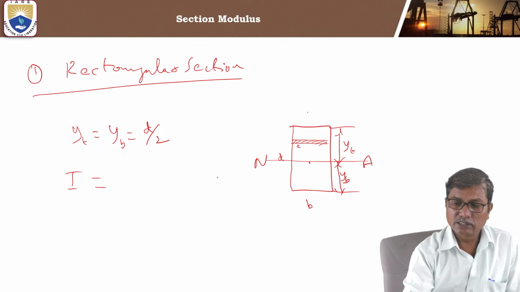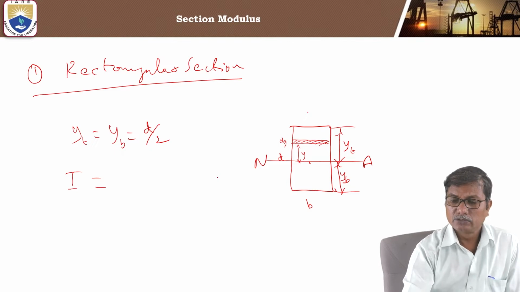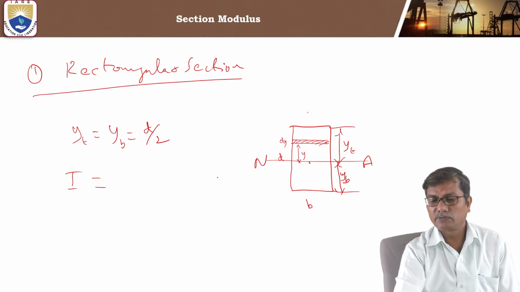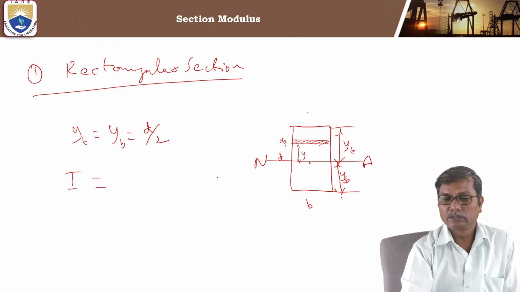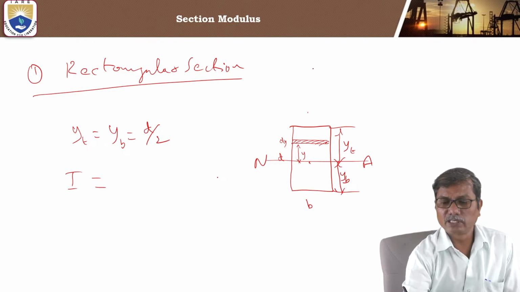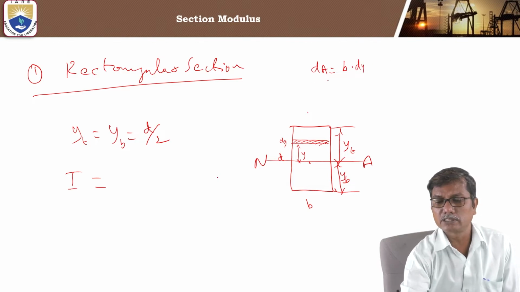For that, we consider an elementary area of thickness dy at a distance y from the neutral layer. Is this clear? So what is the elementary area now? The area of the elementary strip, whose breadth is b and thickness is dy, is b dy.